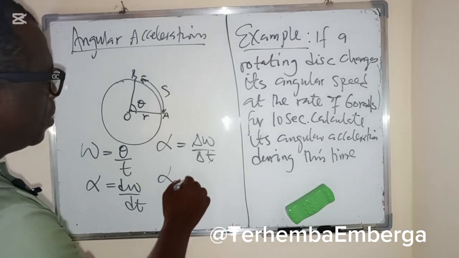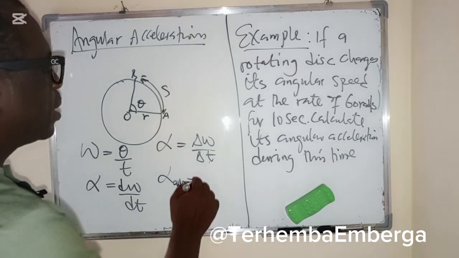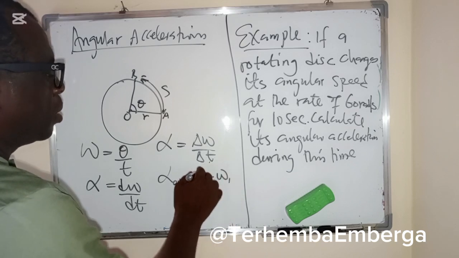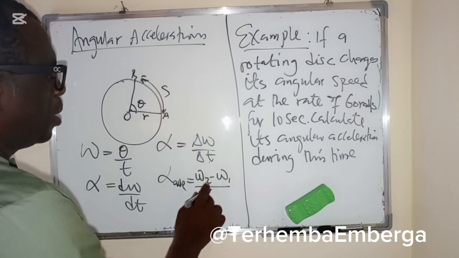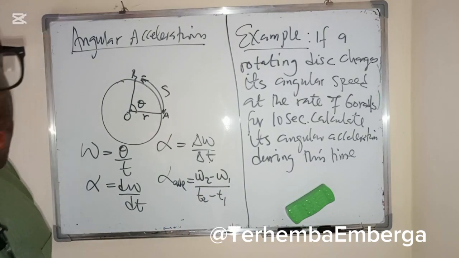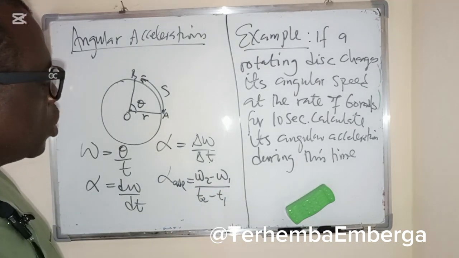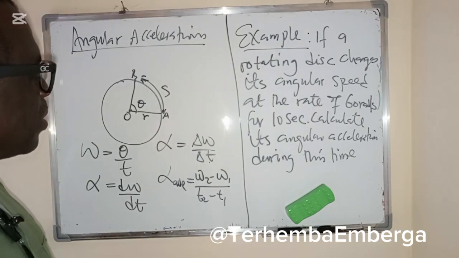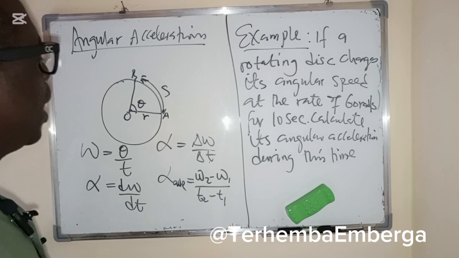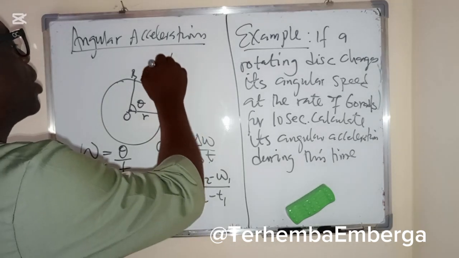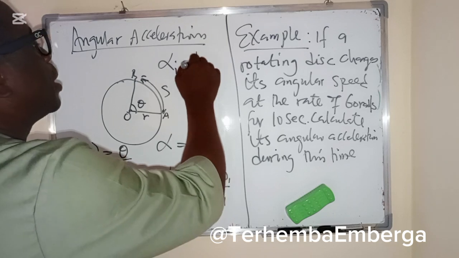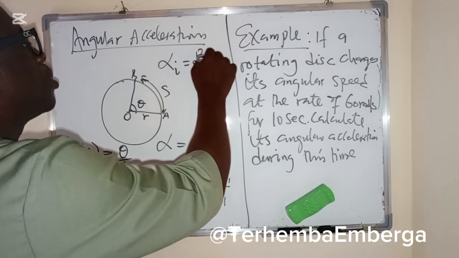In this case, we can describe it as omega 2 minus omega 1 all over t2 minus t1. So if we now talk about instantaneous angular acceleration, in that case, we can write instantaneous angular acceleration as this.